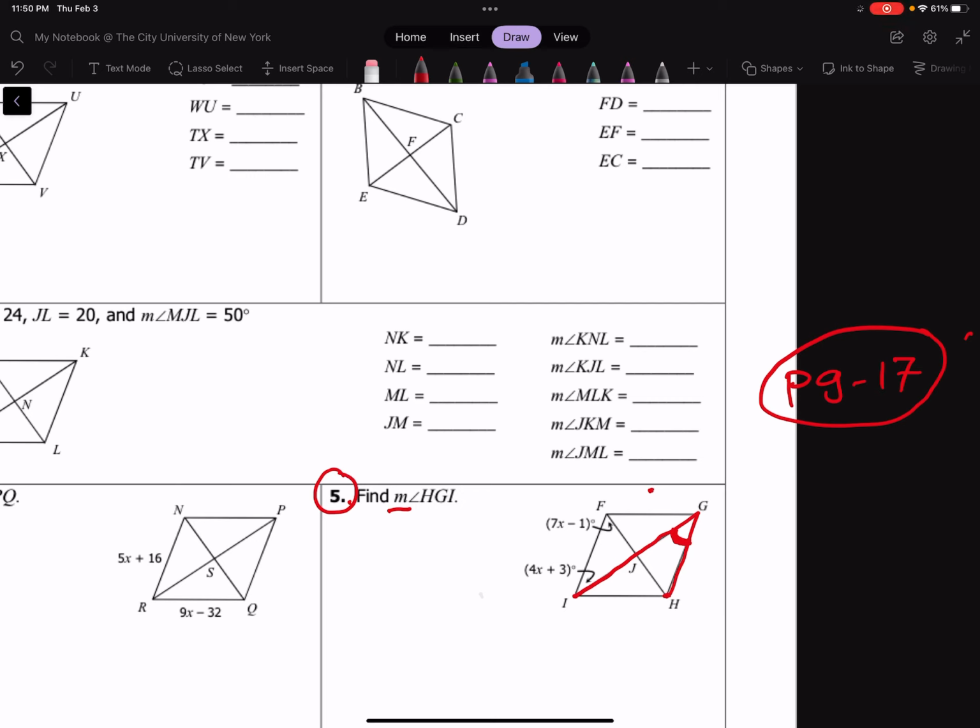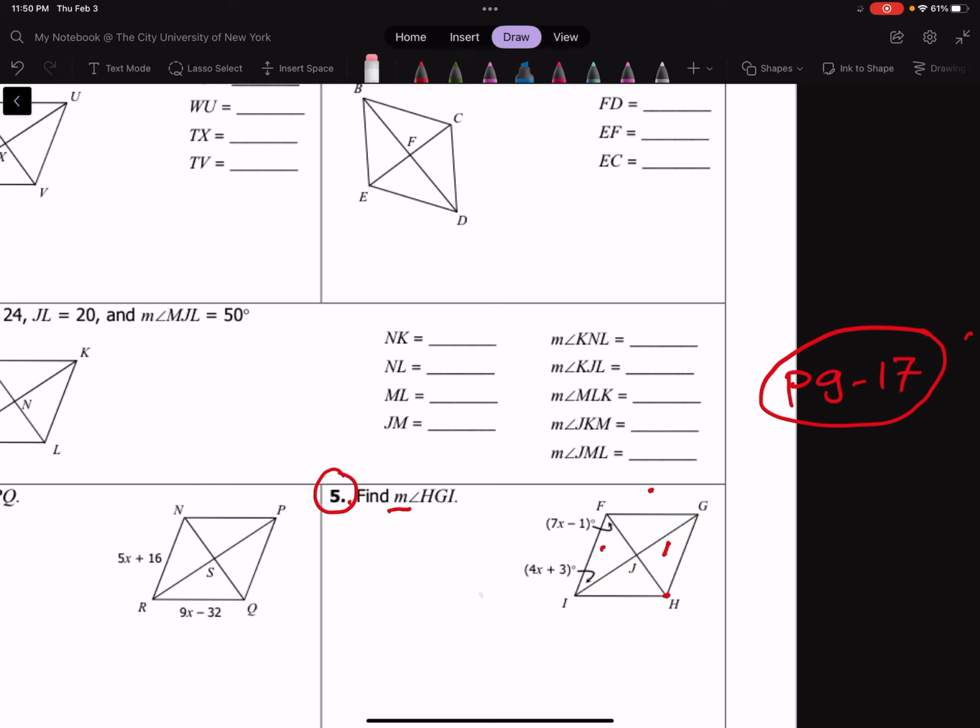Obviously, according to the properties of a rhombus, if this angle is x, this one has to be x. If this is x2, this has to be x2. That means this angle has to be congruent to this, and you know why? Because the diagonal bisects the angles.